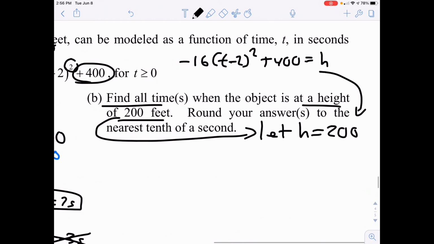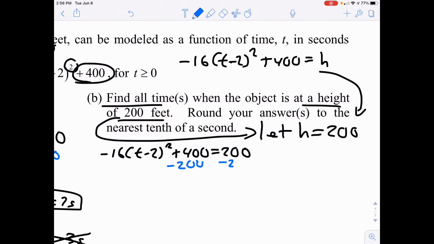So let's try it. Negative 16 times quantity t minus 2 squared plus 400 equals 200. I'm going to start off exactly the same way. Subtract 400 from both sides. And I get negative 16 times the quantity t minus 2 squared equals negative 200.